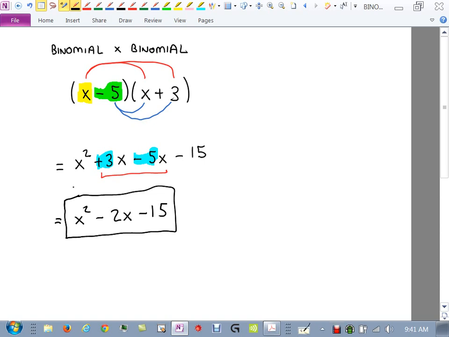In this problem you see how I started here and I wound up at the end? That's called multiplication. Going the opposite direction, starting down here and going back up to this, is called factoring, and it's much more challenging to go the opposite direction. And that's what you spend the first few weeks of 320 doing.